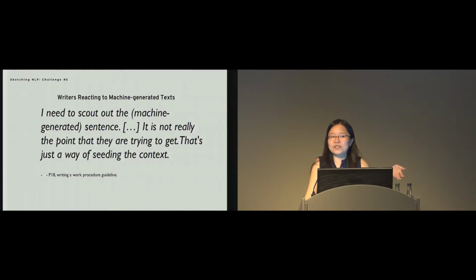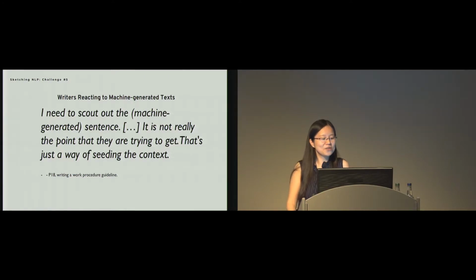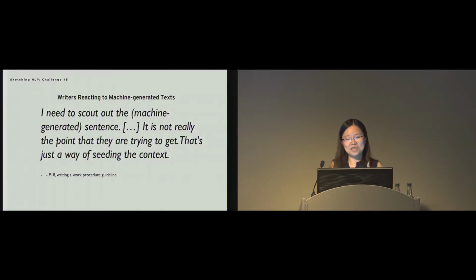We're like, this is machine-generated text. What do you mean context? But they say, the real meaning of any text is two paragraphs later. To write one sentence is always to seed an idea, a philosophy. You will not be able to see the true meaning of a sentence until you read two paragraphs later. That's really something interesting to think about as design, surfacing machine-generated text to users.